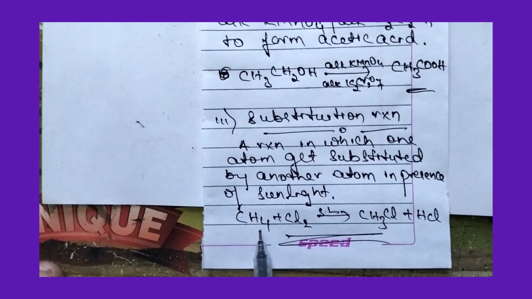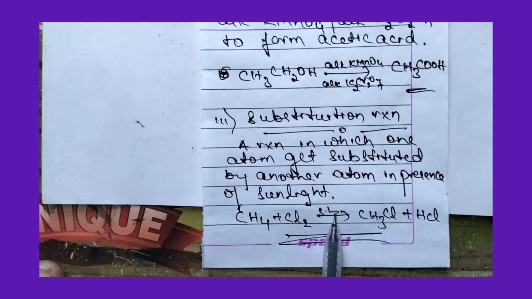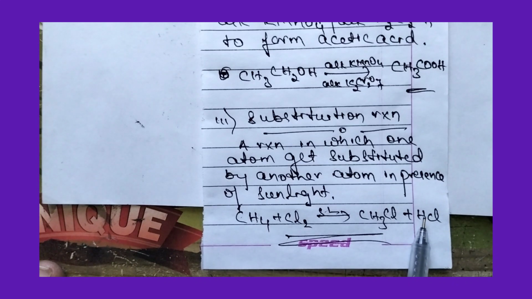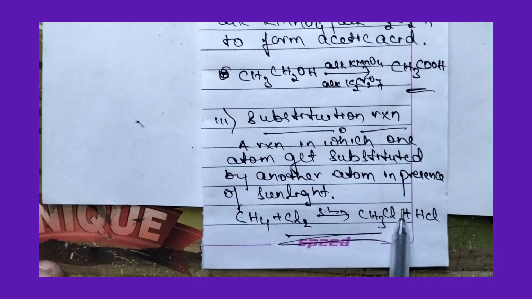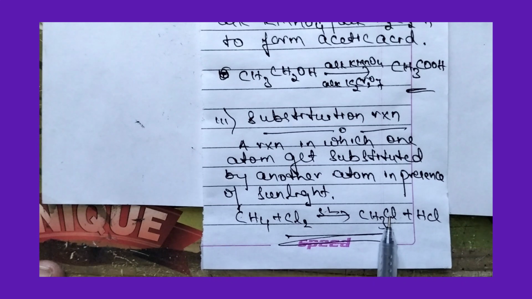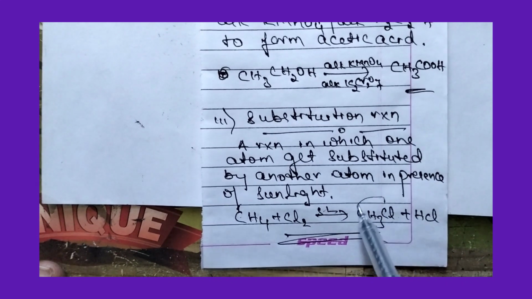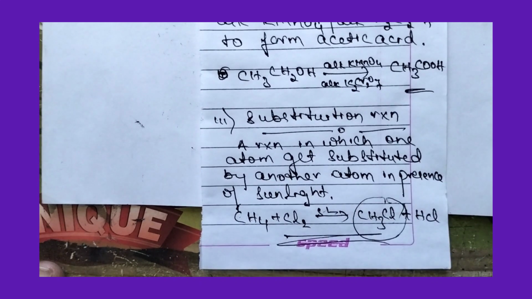Methane, when it reacts with chlorine in presence of sunlight, forms chloromethane and hydrochloric acid. So this chloromethane is called the substituted product.